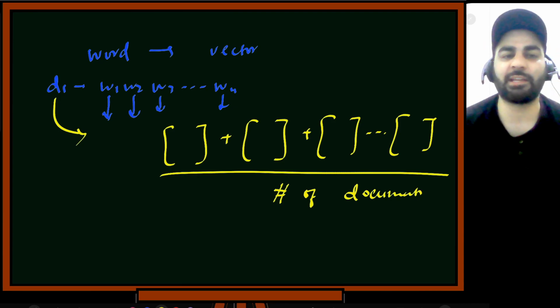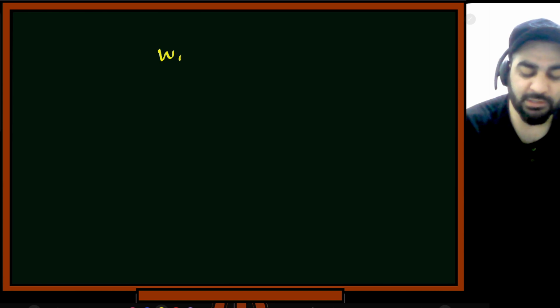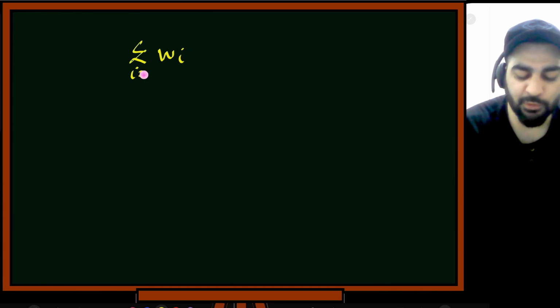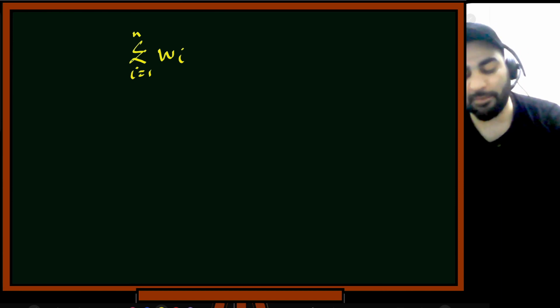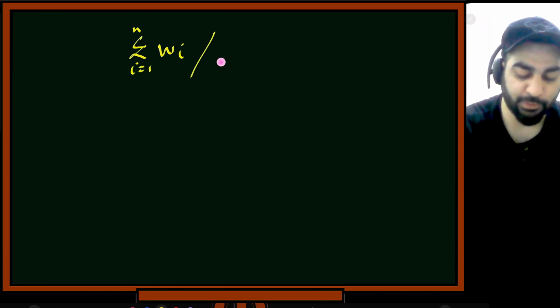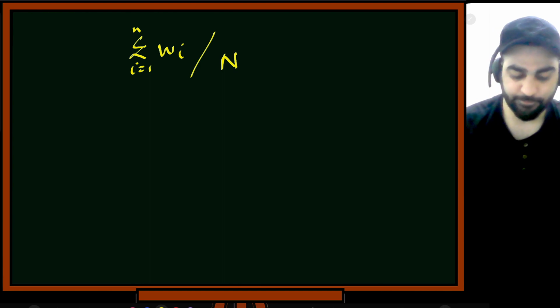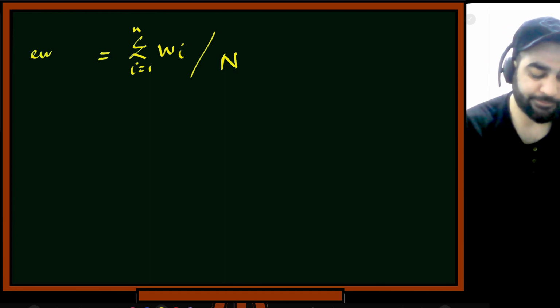That's one of the simplest techniques. So take the sum over all wi, where i is from 1 to n. Because each word has a vector, take all the vectors, sum them up, and divide by the total number of words. Okay, you will get an embedding.